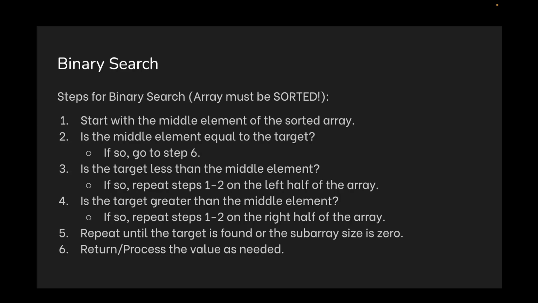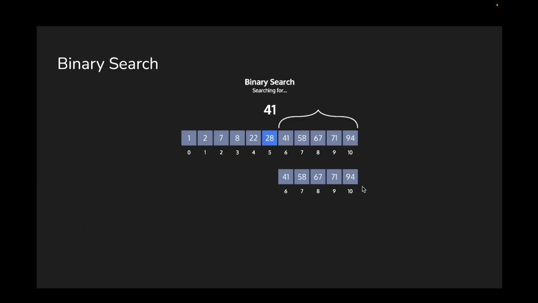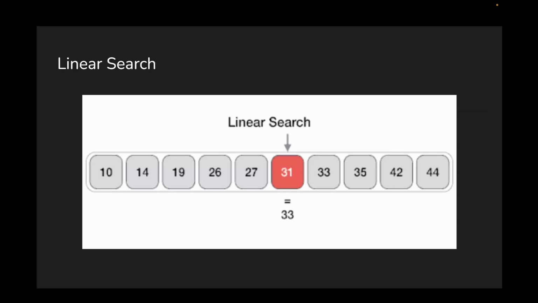So why is this more efficient than linear search? Because we do a lot fewer comparisons. When you're doing comparisons on hardware, it takes some energy, right? So you want to be able to minimize that. With linear search, we were comparing with every single value in the array, right?